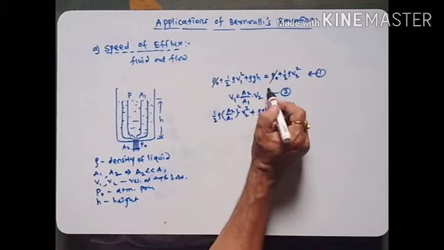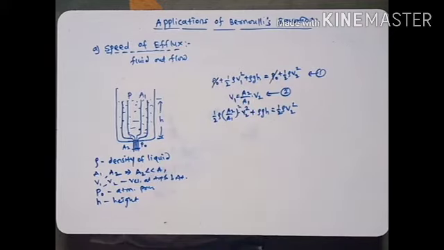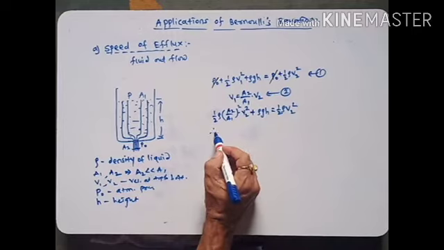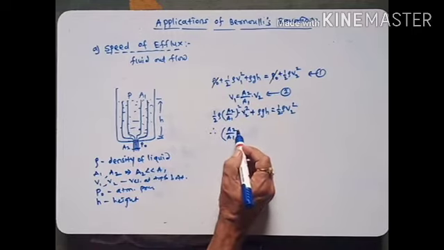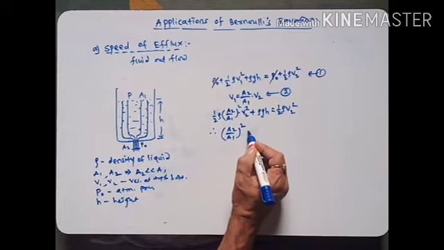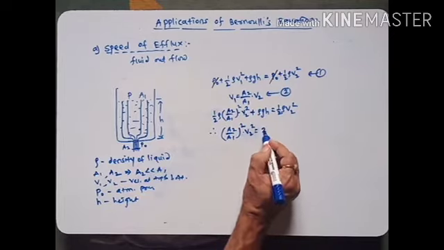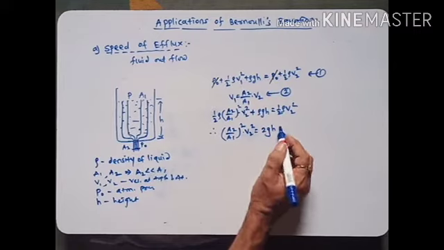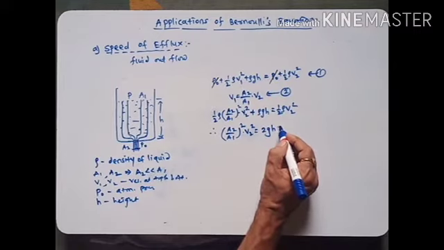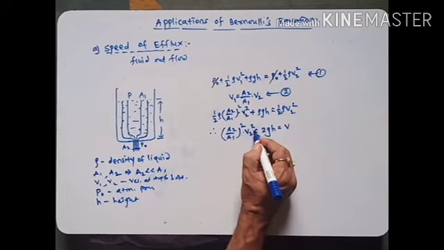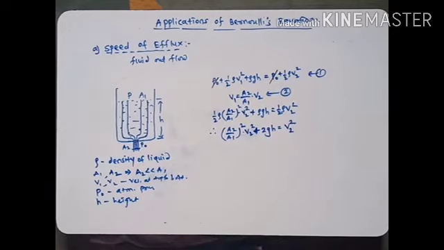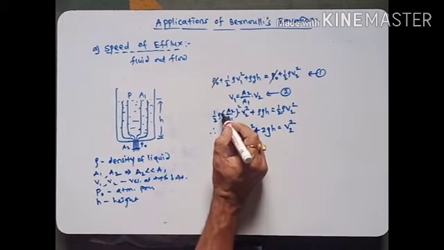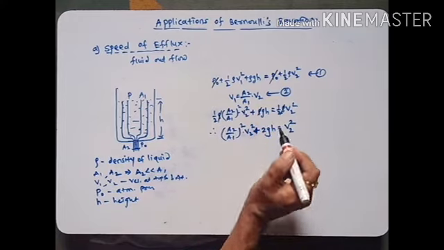Therefore, half (A2 upon A1) square into V2 square plus GH is equal to half V2 square. Throughout, rho cancels.